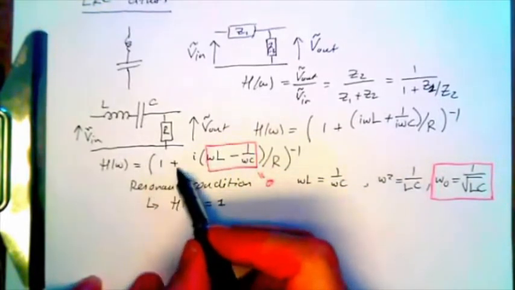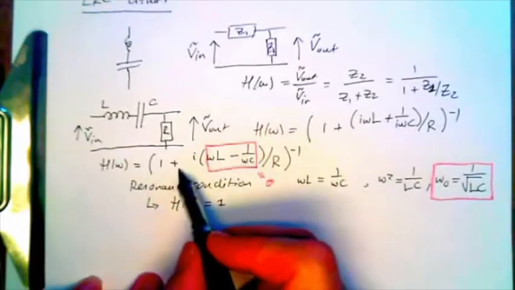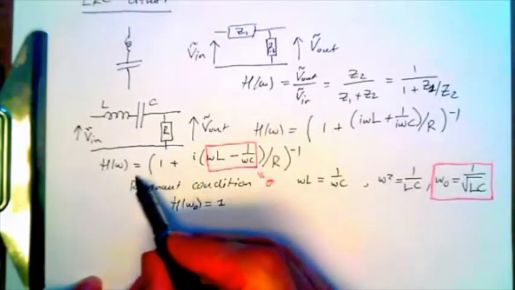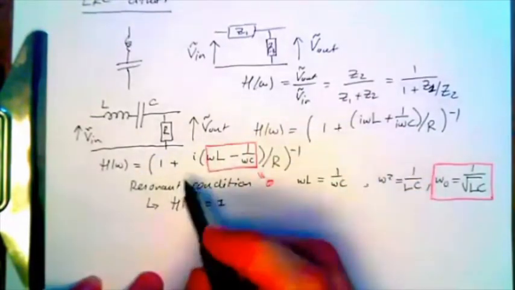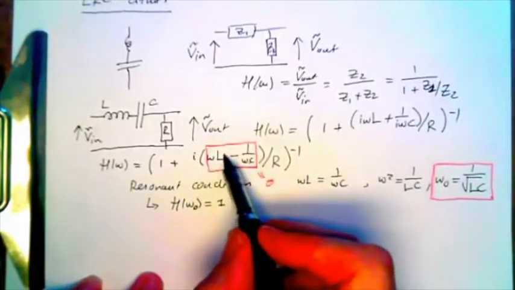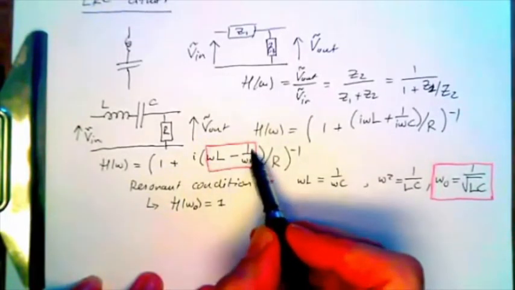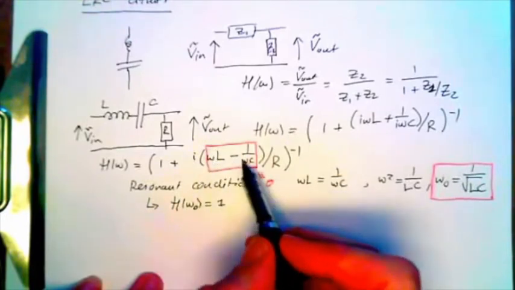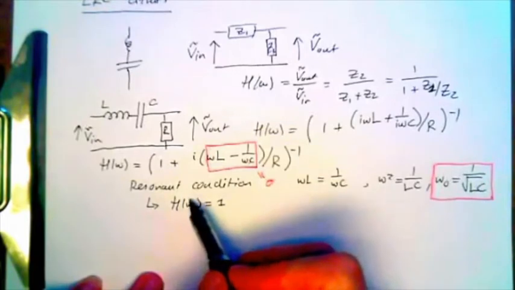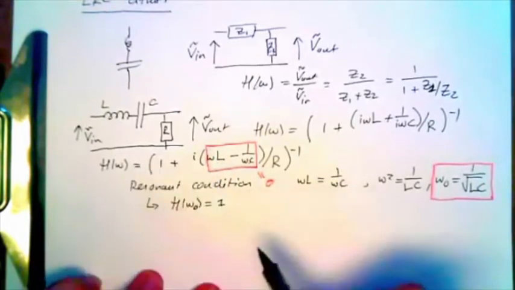So therefore, 1 plus something that's bigger becomes an increasingly smaller transfer function. At higher frequencies, this impedance becomes higher and this impedance becomes lower. So that means this term again becomes higher. So on both sides of this resonant condition, the transfer function decays.